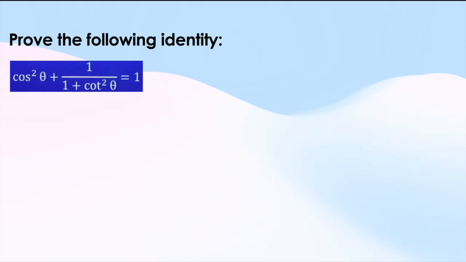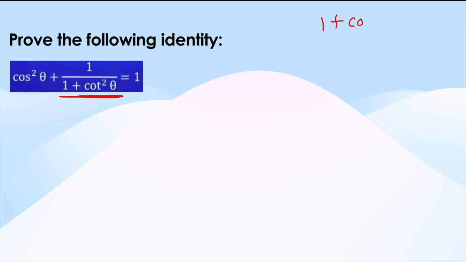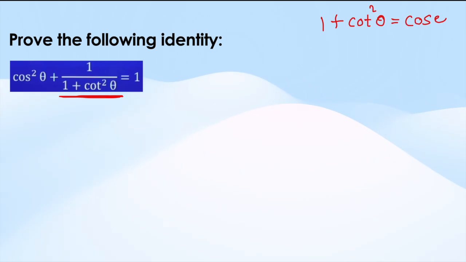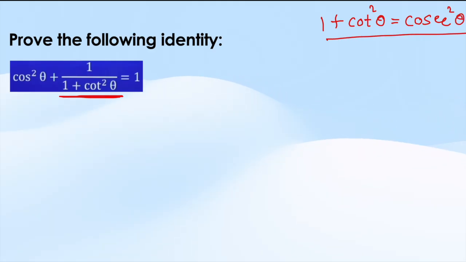We don't have any relation between cos and cot. But if I see 1 plus cot square theta, this seems to be an identity, right? What is 1 plus cot square theta? It is equal to cosec square theta. Let's make use of it.